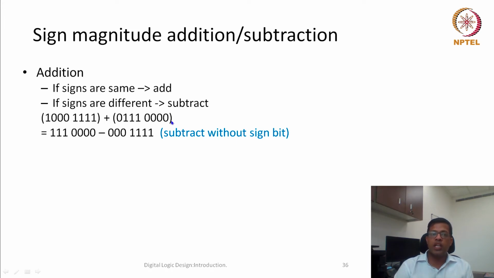So what I need to do is subtract this positive number from the negative number. So essentially here also I need to see which number is a bigger number. If the magnitude of this number is big, so that's why we are subtracting this number from this number.